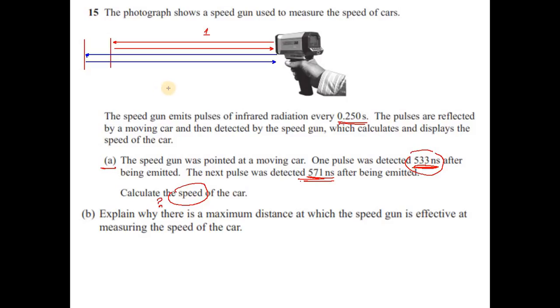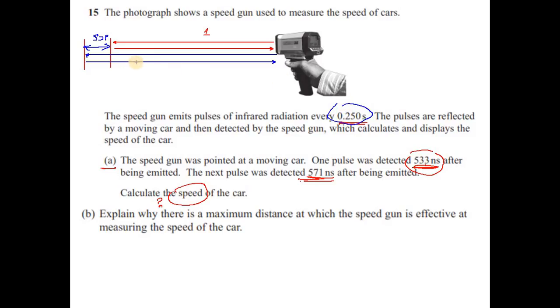So what do we do? We need to find this extra distance traveled by the second wave, and this extra distance traveled by the second wave is equal to the distance traveled by the car. So we can use this distance for the car and the time to figure out the speed.